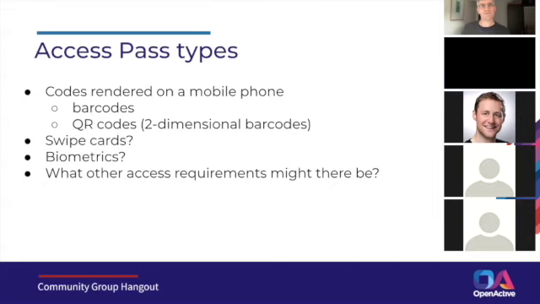Okay, so that actually feels fairly straightforward. I mean, in terms of the types, we do have swipe cards, we've got barcodes, we've got QR codes. Biometrics are out of scope for the MCR Active and Active Westminster projects anyway.